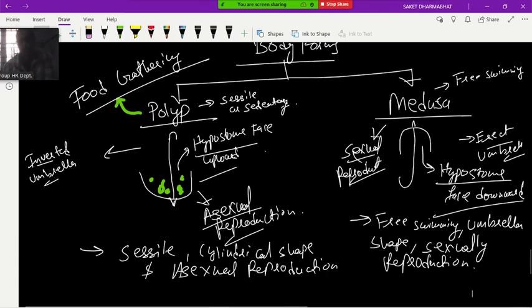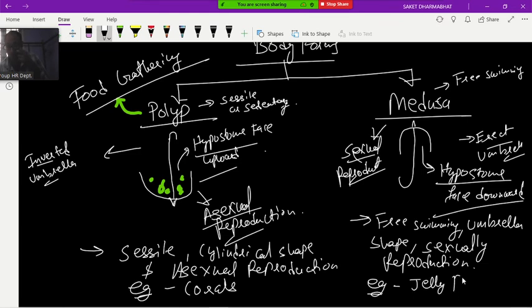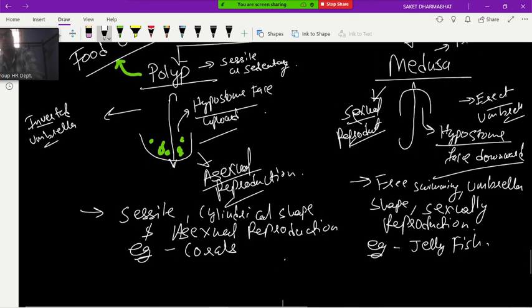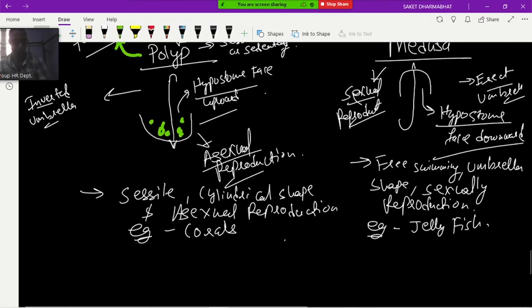Example of polyp form: corals. Example of medusa form: jellyfish. Clear or not? Okay.